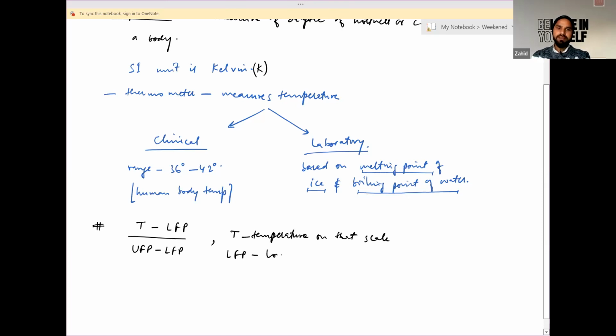LFP is the lower fixed point. UFP is the upper fixed point. The lower fixed point is also called the ice point, or you can say the melting point of ice.